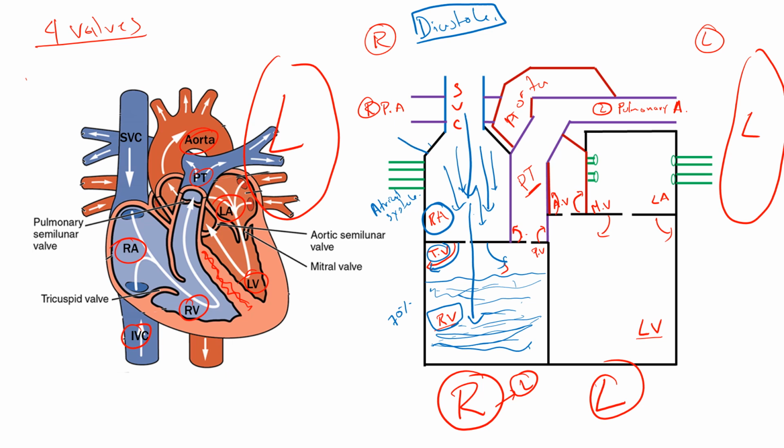So when the atrium contracts in systole, essentially we need that atrial kick, where the atria squeeze to push more blood faster to fill the ventricle 100% with blood, right? So at this point, the contraction of the atria allows all the blood to fill the ventricle.